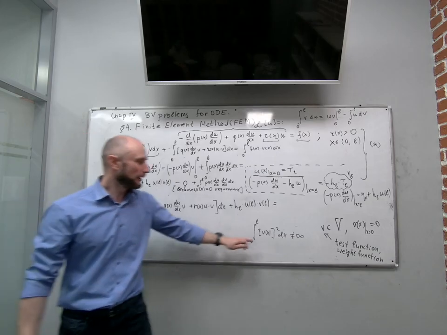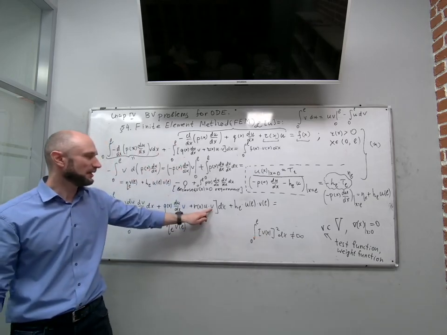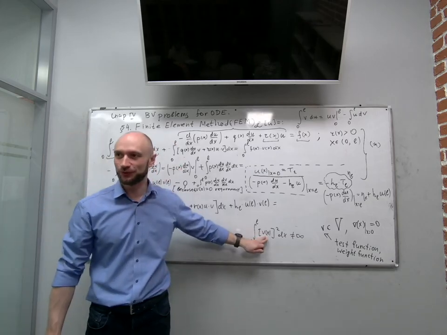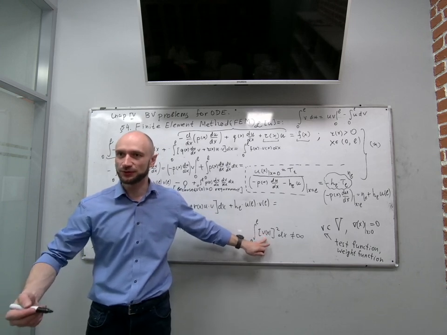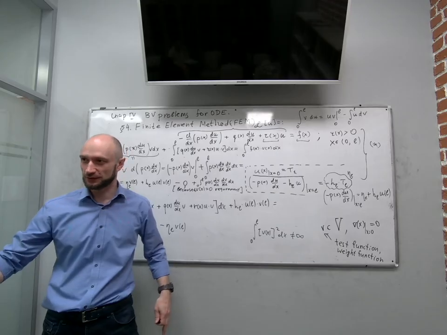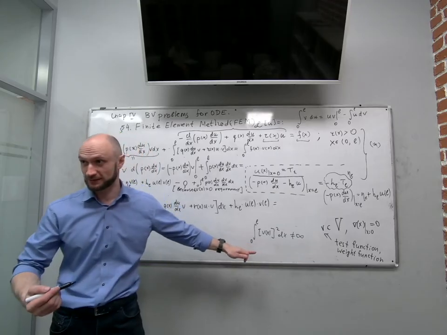So function v must be at least this smooth. The square of this function must be integrable. So integral is not infinite, and it exists.